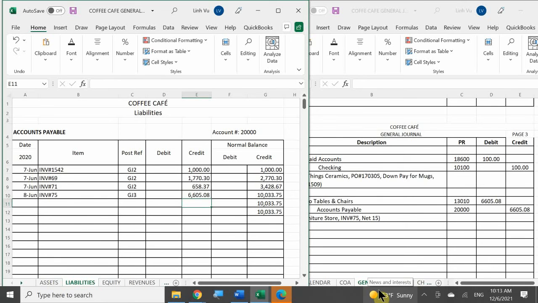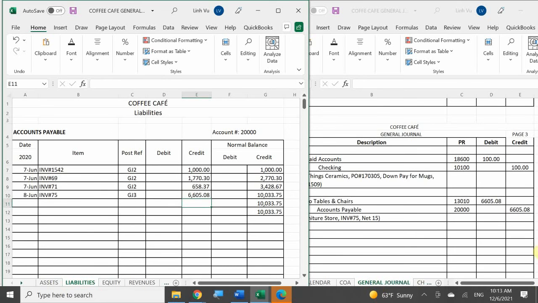So in this case, not doing so good because now we owe a whole bunch of money. But this is very typical of getting your business started. You have to make all of these expenses. You have to purchase everything in order to have your store open. Okay? So there we go.